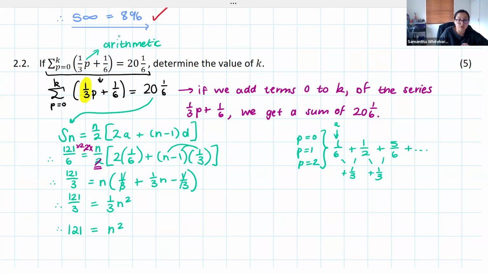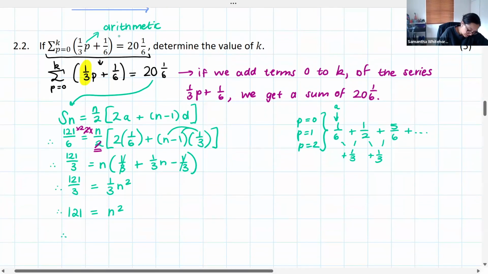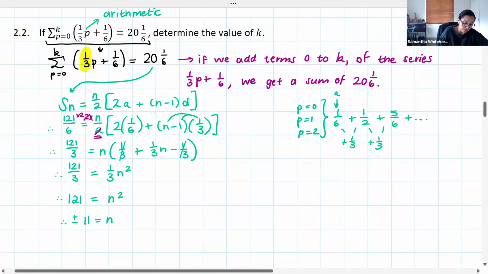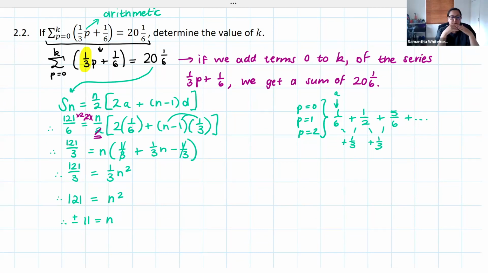If you want to solve this quadratically and do the difference of 2 squares, that's fine. Alternatively, you square root both sides and you get that n is equal to plus or minus 11. Now remember, n is the number of terms that we're adding. So, excuse me, we can only add a positive number of terms. So in this case, we can eliminate the one solution and n is equal to 11.